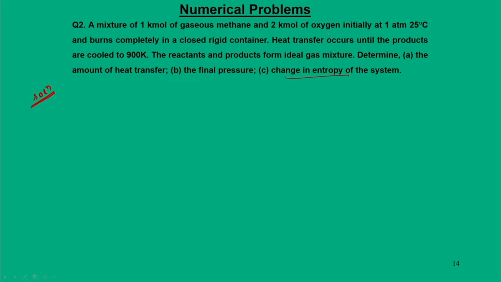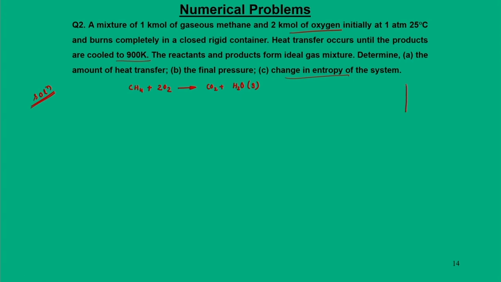This is a methane oxygen reaction, the same reaction, CH4 plus 2 O2. Here there is no nitrogen, so oxygen is given directly, and it will give CO2 plus H2O, and this H2O will form in gas form. Heat transfer occurs until the products are cooled to 900 Kelvin.